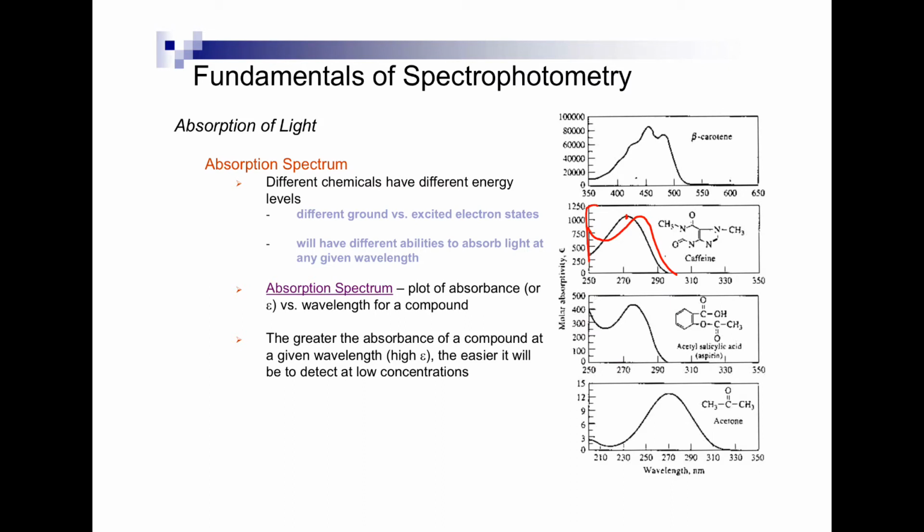Now if I add those two spectrums together, it would look like this. That red wouldn't be there. So if I saw a spectrum that looked like this, all filled in, it would be hard for me to know that that isn't a new compound and not caffeine added to aspirin.